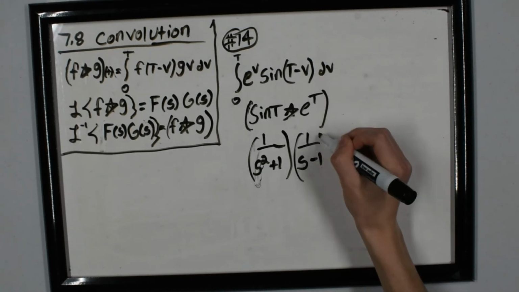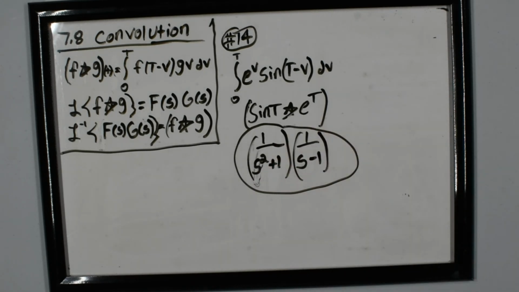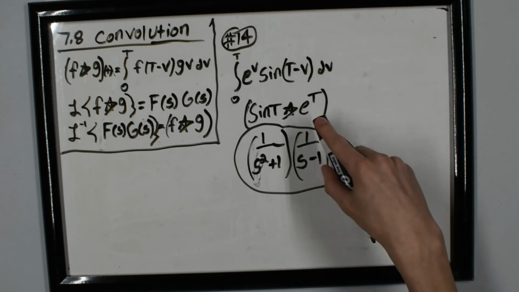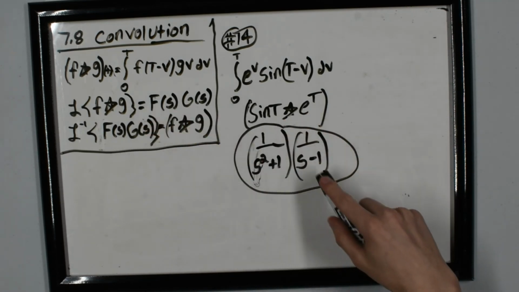And not that bad. That is the Laplace transform of this integral. And again, all we did was realize this is a convolution integral, so we converted it to its convolution, and then we used this formula to find the Laplace transform. Not too bad.